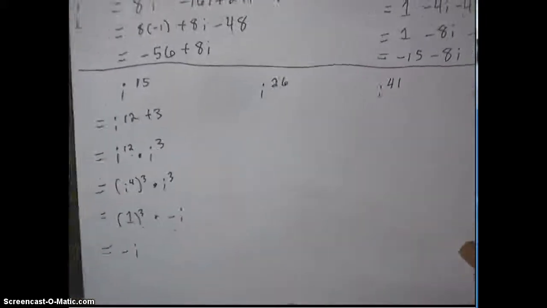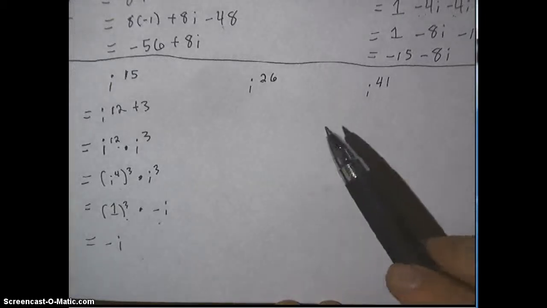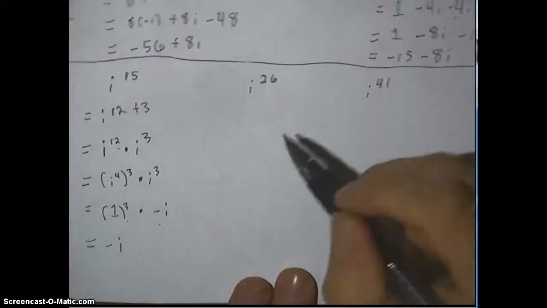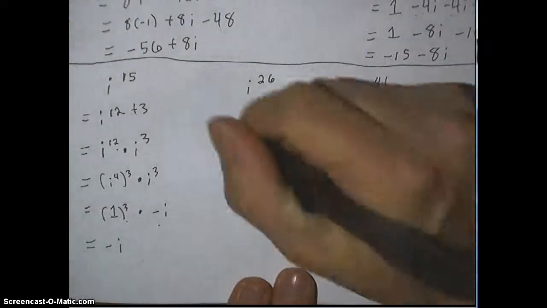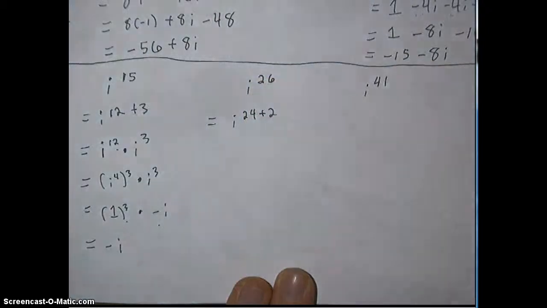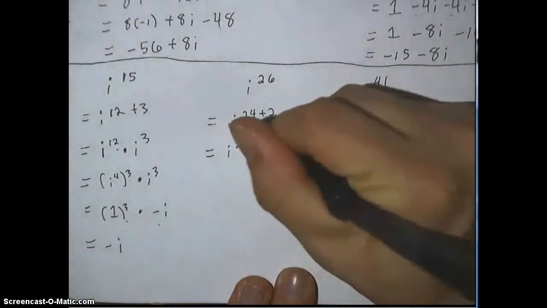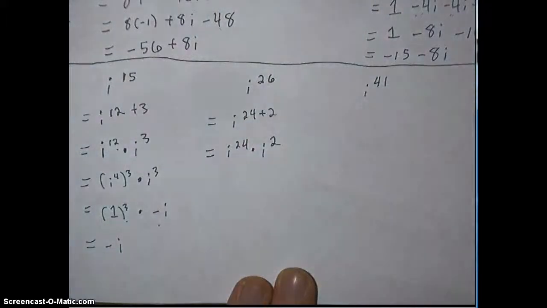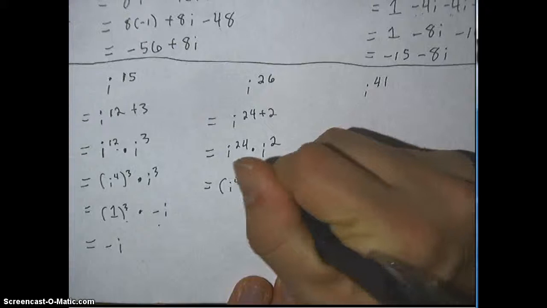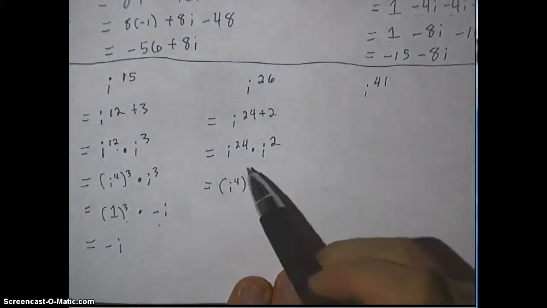What about 26? So I'm thinking of multiples of 4 that are close to 26, but without going over. So I'm thinking 24. So that's i to the 24th plus 2. And I'm going to break that into 2 i's, i to the 24th times i squared. Now 24 is just i to the 4th raised to the 6th power. 4 times 6 is 24.